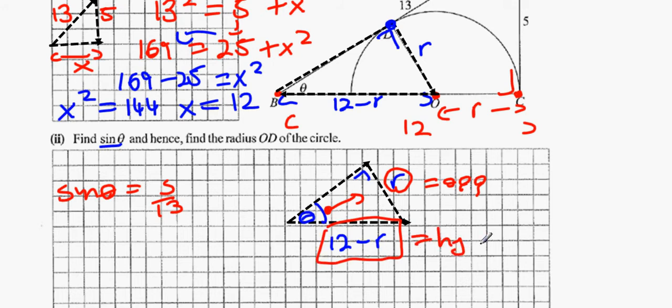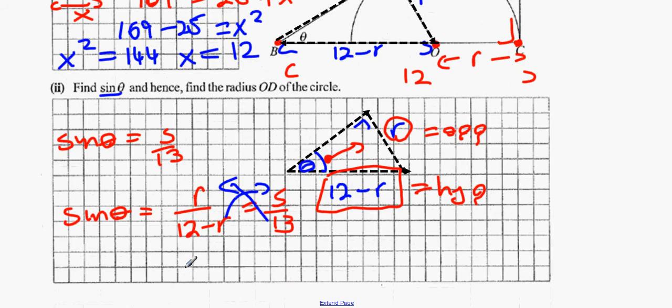So what we can say is that sine theta ends up to be R over 12 minus R. But we already know that sine theta is 5 over 13. So what we can next do is cross multiply the two of these. And what we'll basically get is 13R equals 5 into 12 minus R. 13R equals 60 minus 5R.